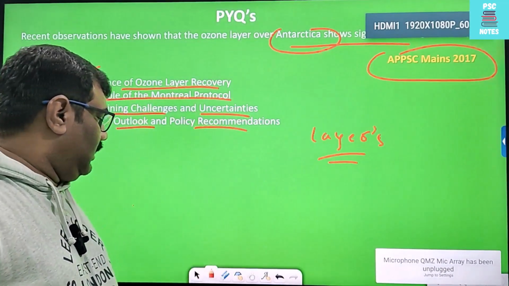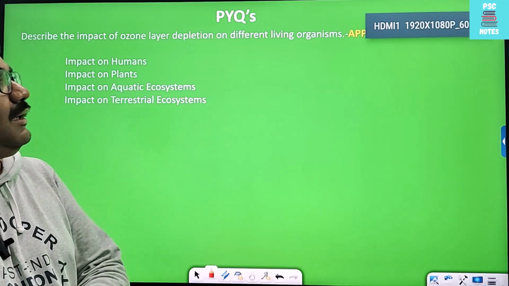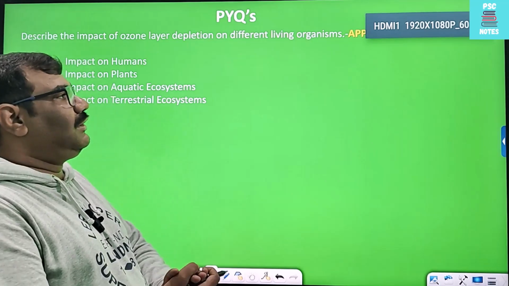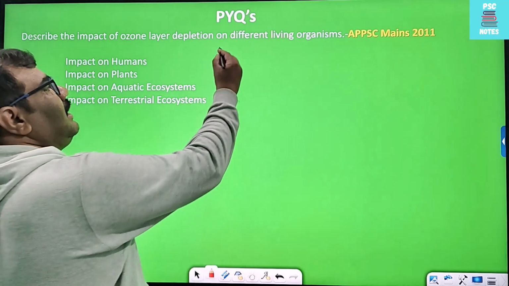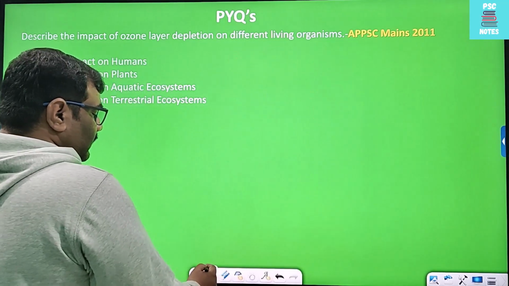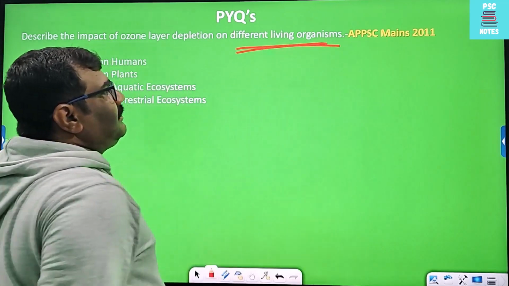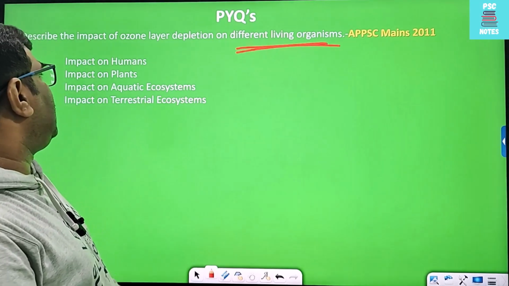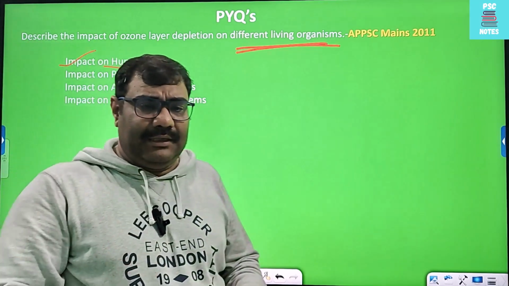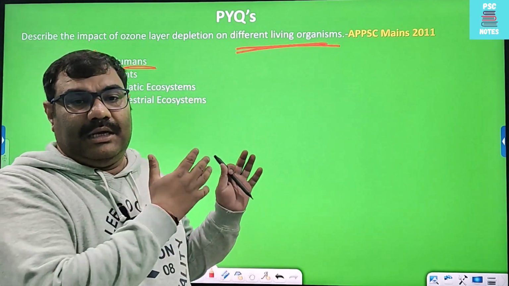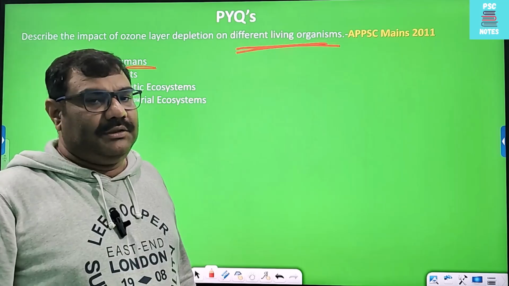Now coming to the next question, which has been asked again in APPSC Mains 2011. The question is, describe the impact of ozone layer depletion on different living organisms. Okay, so we can give the impact on humans, like skin disease, because of the ultraviolet radiation reaching the surface of the earth.